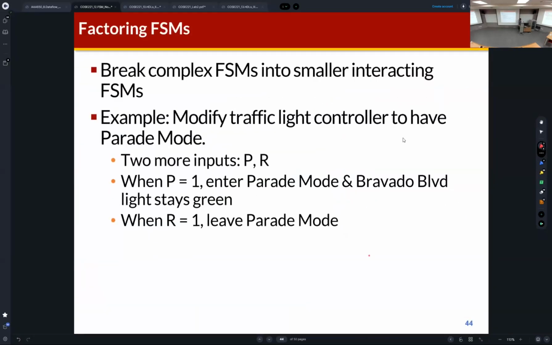It's a traffic sign, and we added one more condition, the parade mode. So parade mode becomes P equal to 1. It goes to the parade mode, and then the traffic sign becomes green, regardless of the output of the traffic sensors.